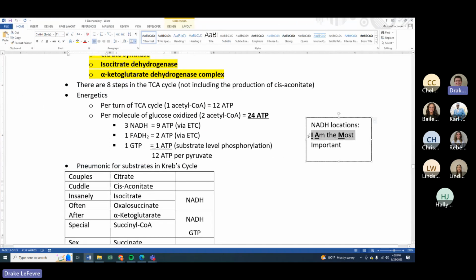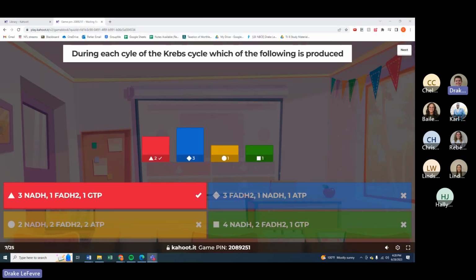I am most important. Good. I am the most important. So if we know that there are 3 NADHs, we can start to pick apart the other answers. None of the other answer choices had 3 NADH. So we have 3 NADH, 1 FADH2, and 1 GTP.